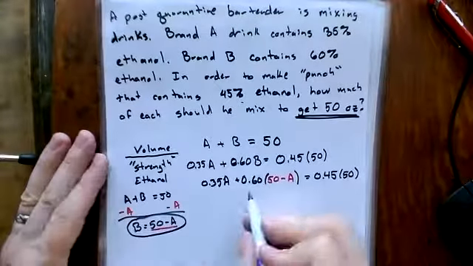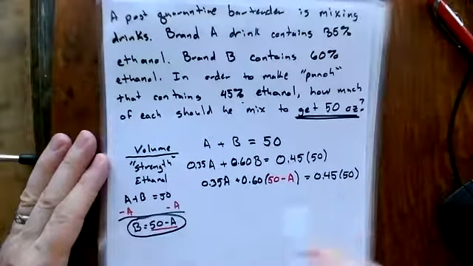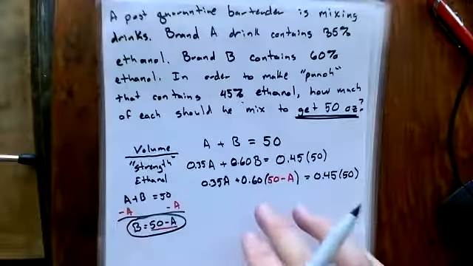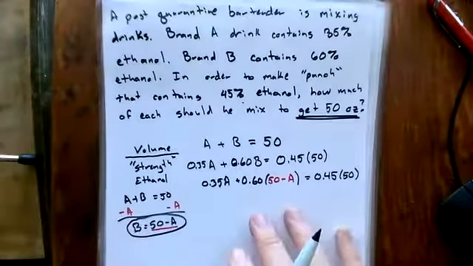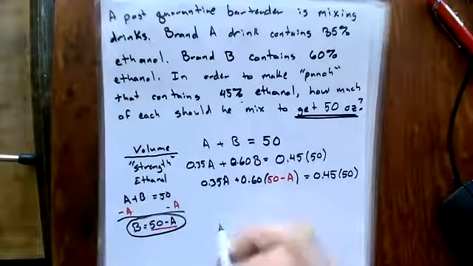Now I can go ahead and solve this. It looks complicated because we've got our decimals in here. These look like some slightly bigger numbers. Don't worry about big numbers. They're always going to break down faster than you will.